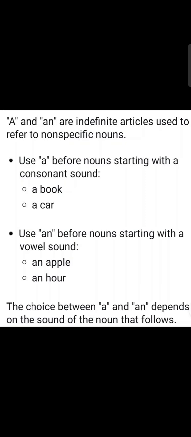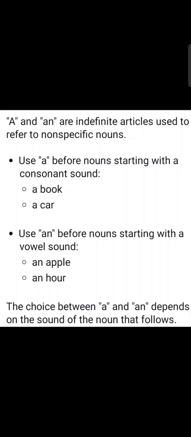So here both B and C are consonant sounds as well as consonant letters. But the rule regarding the use of a is that a is used before nouns that start with a consonant sound. Okay. Here in book and car, the first letter is sounding consonant. Let's take another word, pen. Here in pen, P-E-N, P stands as a consonant sound.